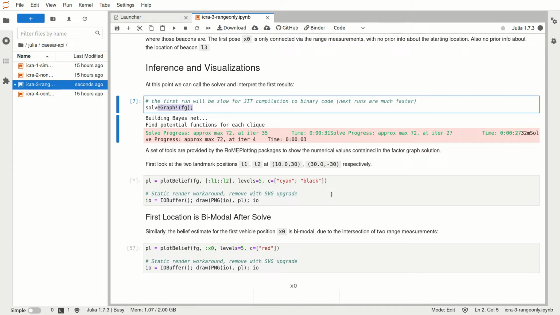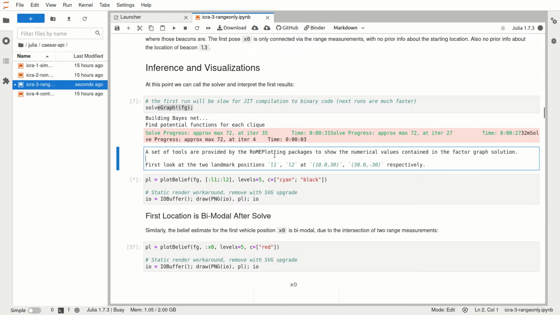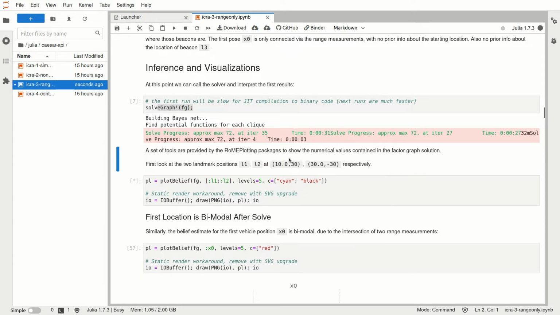All right, so I'll just read here as well. RoMEPlotting is another package that provides visualization tools to draw the numerical values contained in a factor graph. There's a bunch of tools that help you with that. If you're running this tutorial in one of the NavAbility SDKs, maybe Python or Julia, you will be visualizing using the NavAbility app.